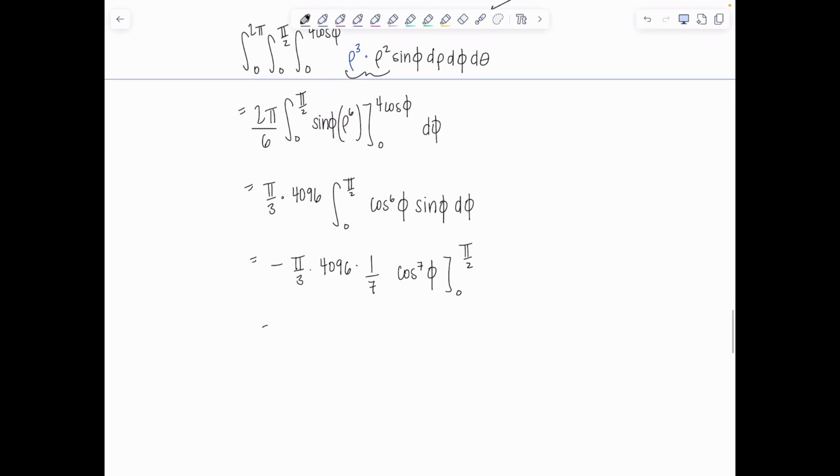Okay, over 21. Cosine of pi over 2 to the 7th minus cosine of 0 to the 7th. So that's negative 1. So 4096 pi over 21. There you have it. It's not that bad.